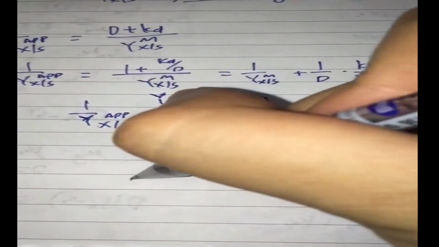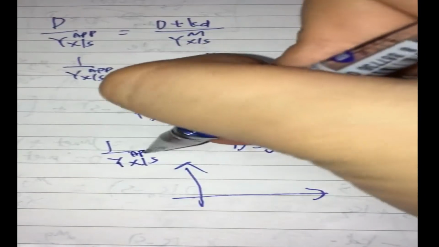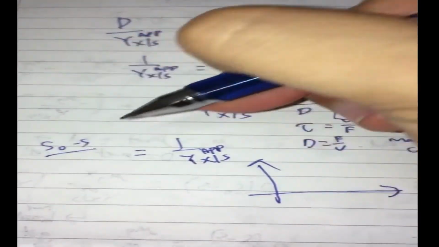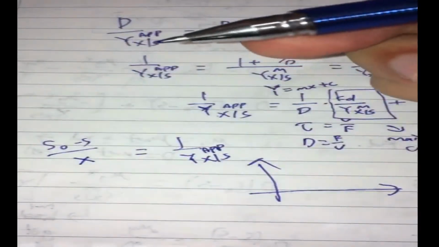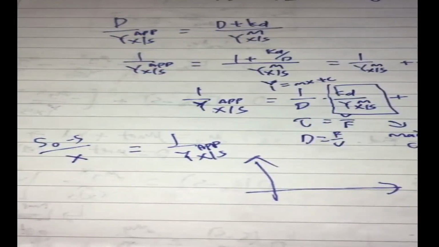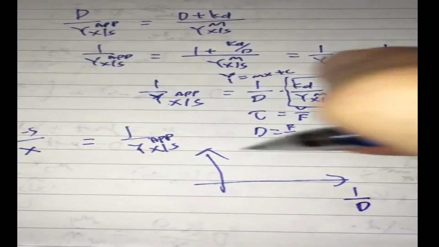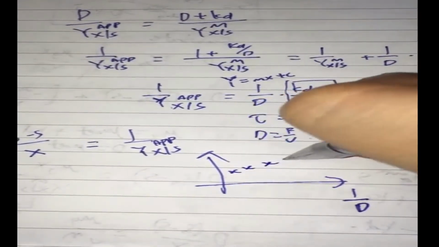So if you plot 1 over Yx by S apparent, and that you can get from S naught minus S, which you can measure, divided by X, the outlet concentration of cells, which you can also measure, and you vary the dilution rate, you'll be able to get some kind of plot here.